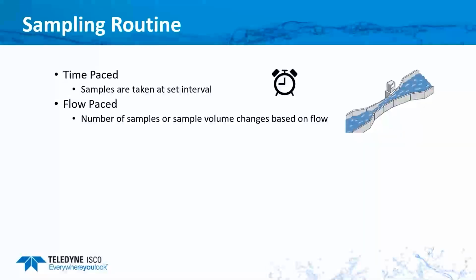I also indicated we can do flow-paced samples, where if the flow meter is connected to the sampler, it can provide information to that sampler, and every X number of gallons, configured by the user, a sample is collected. So if for every 5,000 gallons of flow that pass that location we want to collect a sample.